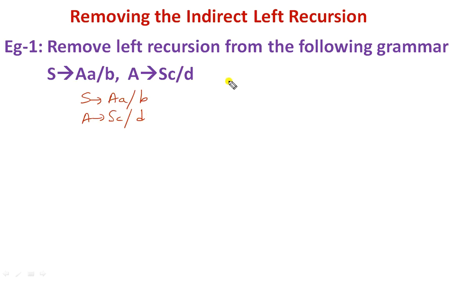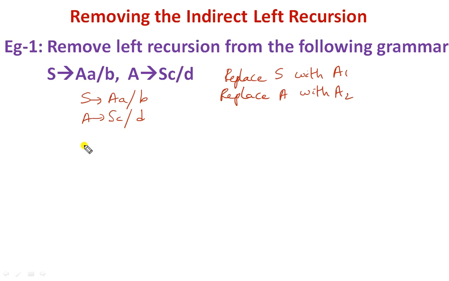For that purpose, what is step number 1? Step number 1 is to replace all the variables starting with A1. Replace S with A1, replace A with A2. Because there are only two variables in these productions, we can stop here. If there are more variables, you replace with A3, A4, A5 and so on.